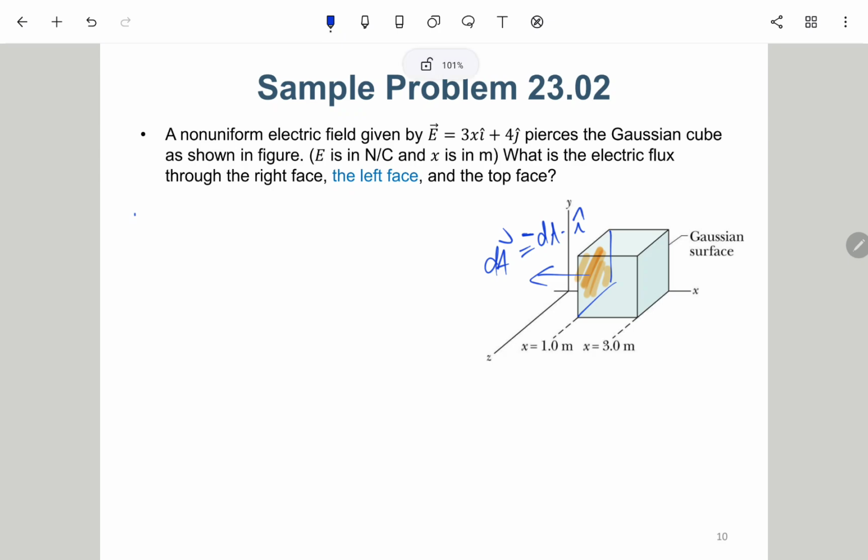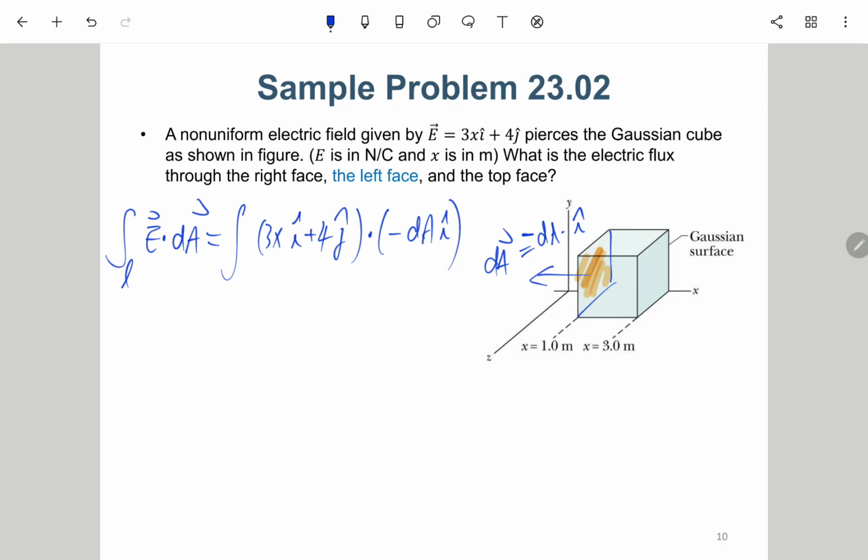So in this case, the integration of E dot dA for the left surface will be the integration of 3x I hat plus 4j hat dotted with negative dA I hat.